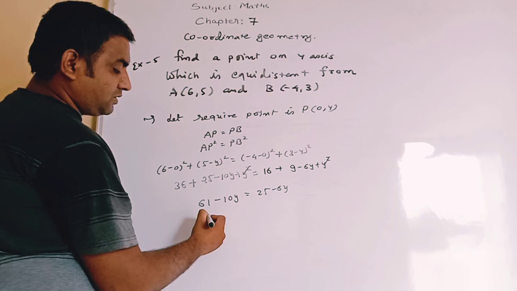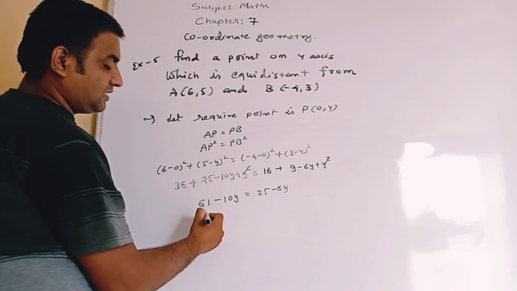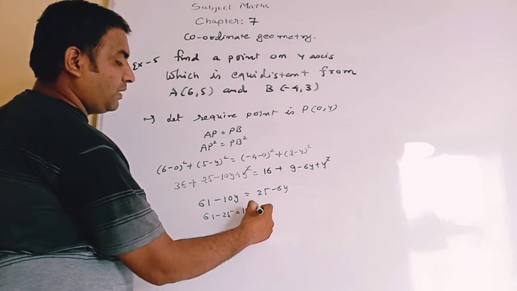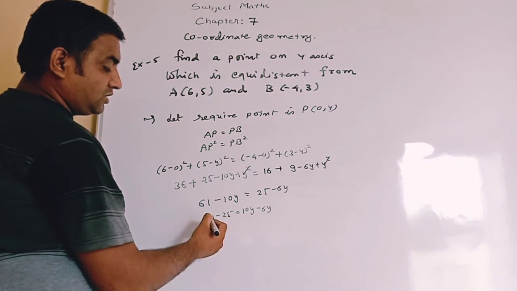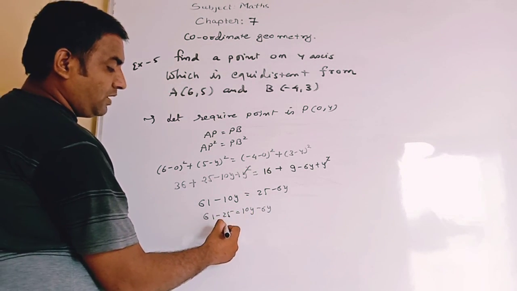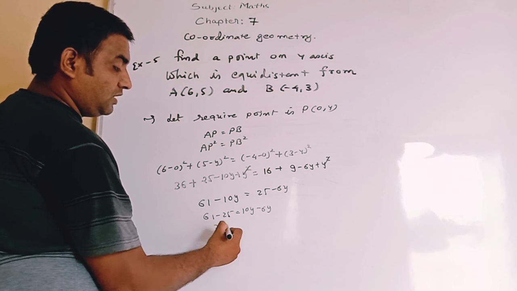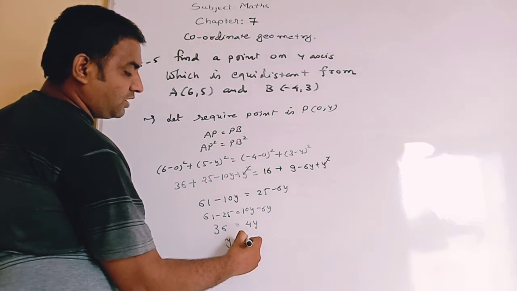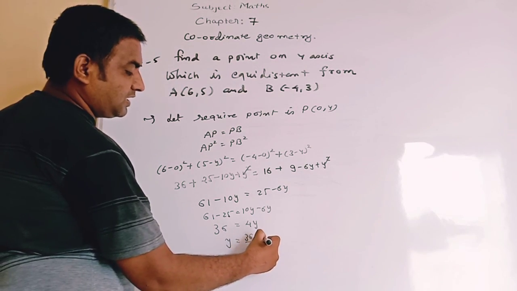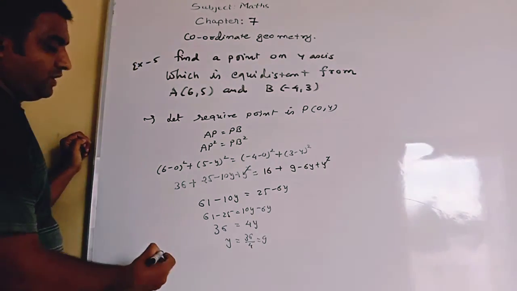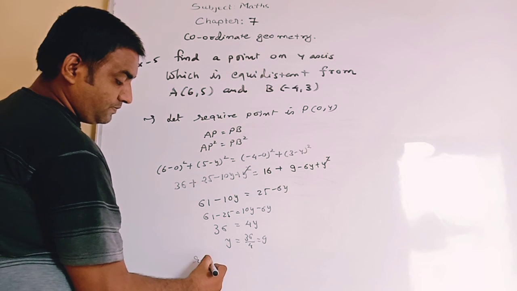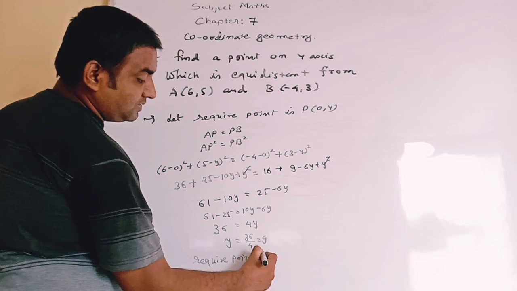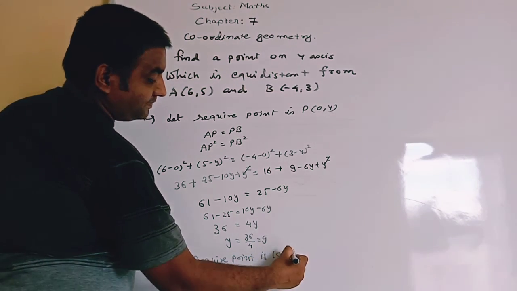So 25 transfer this side and 10y take that side, and 61 minus 25 equals 10y minus 6y. So 61 minus 25 is 36 equals 4y. So y equals 36 divided by 4, that is 9. And so the required point is (0, 9).